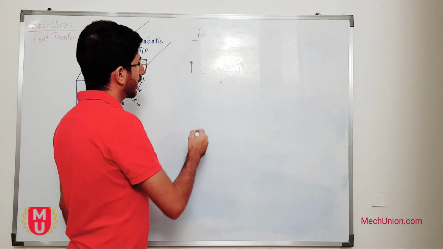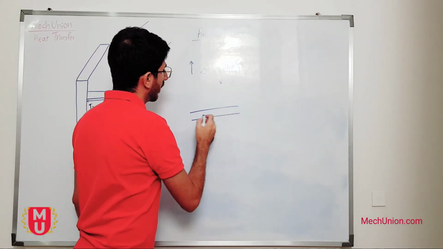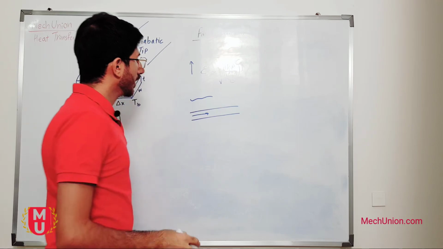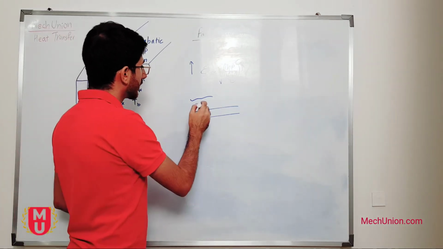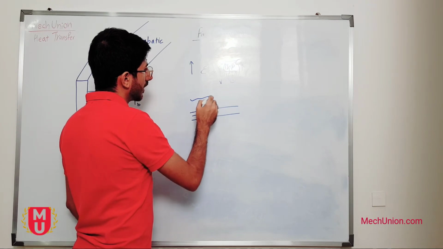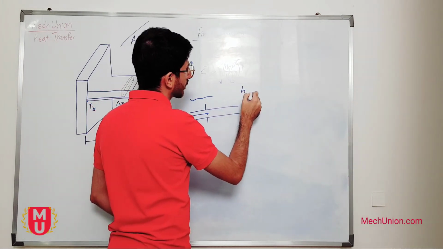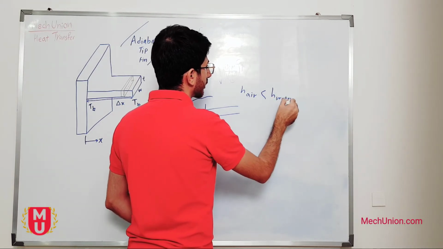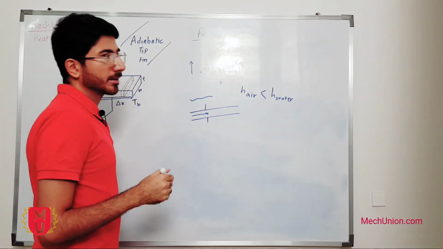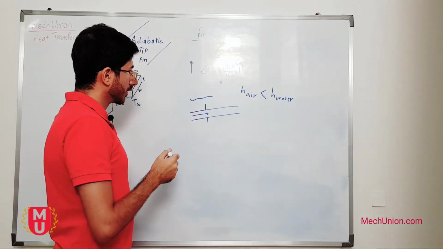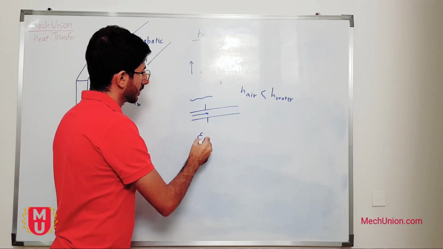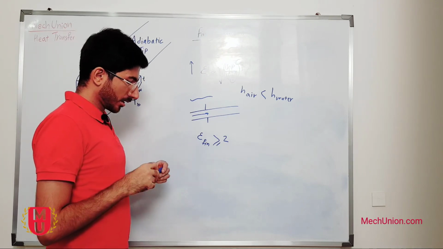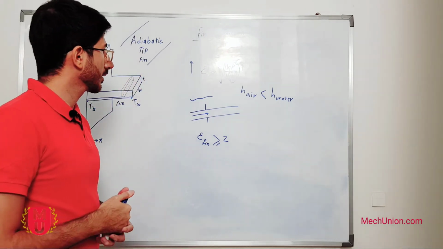For instance, in a radiator of an automobile, water is flowing inside the tubes and air passes outside. And we should install the fin at the outside because h of air is smaller than h of water. Another note that you should remember, its effectiveness must at least be 2. It's the lower limit of effectiveness.